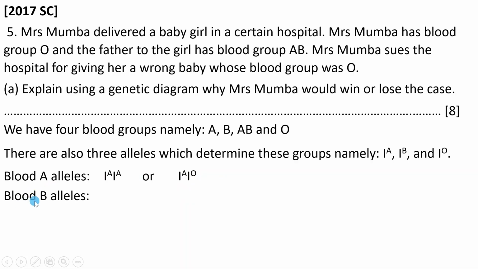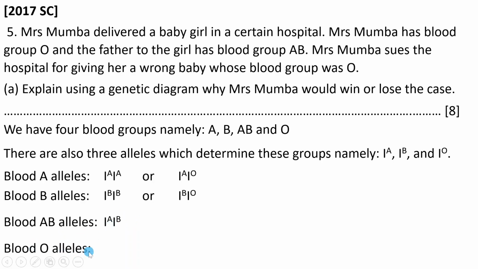Then blood group B, the alleles are either BB like this, so this is homozygous blood group B, or you can have BO, which is heterozygous blood group B. Then blood group AB, it's allele AB, just AB, so it is heterozygous AB. Then blood group O, the alleles is just OO, so it is homozygous.